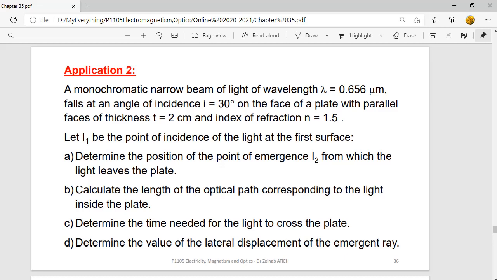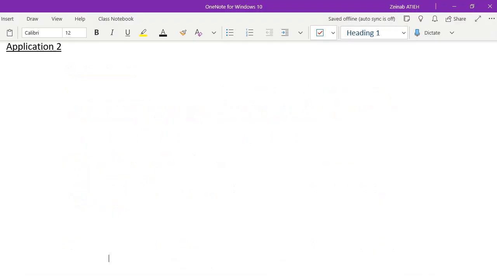Now, we usually draw figures in exams, so here I will draw the figure for you. We have a parallel plate. The parallel plate has index n equals 1.5.